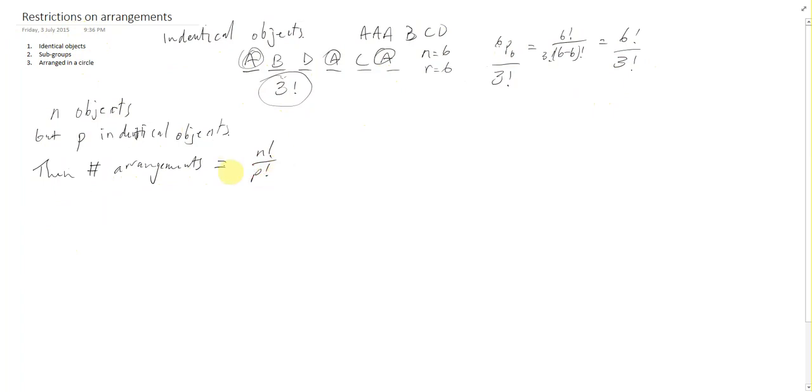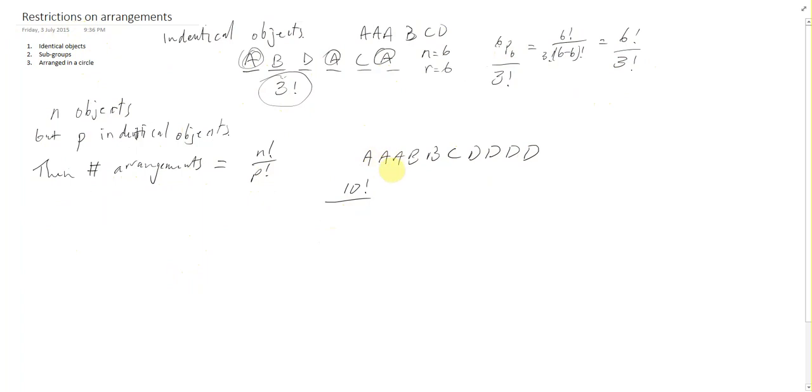Okay, now let's think about an even weirder case. Imagine we actually had this. We had A, B, C, D, D, D, D. So we've got 1, 2, 3, 4, 5, 6, 7, 8, 9, 10 objects now. So this one would be 10 factorial, but how many identical objects do we have?